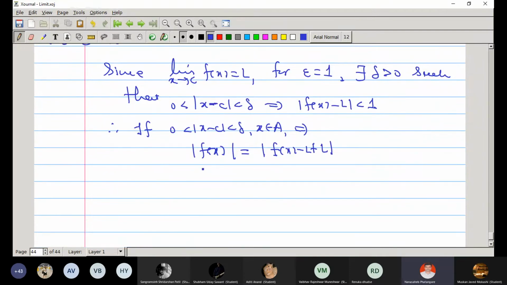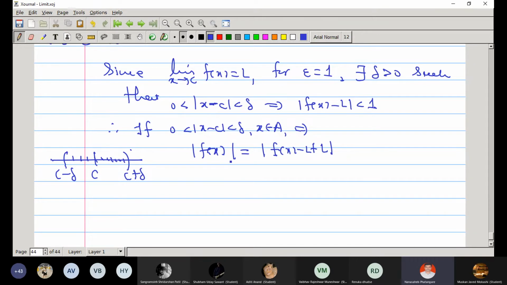I got some delta here and I am looking at that delta. I will choose all those x whose distance from c is less than delta, meaning x lies between c minus delta and c plus delta, may not be equal to c, and in the domain of the function.